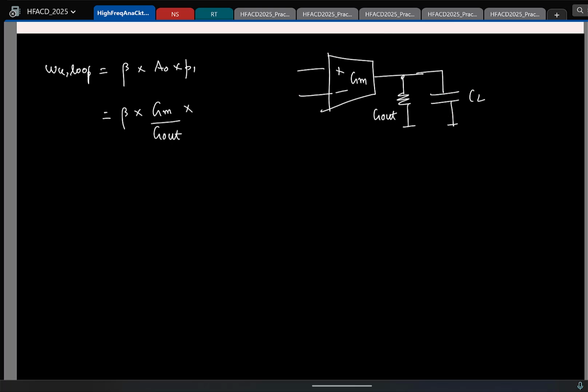And what is the pole location? G out by CL. That is the dominant pole approximation that we have done. So what is the omega u loop here? Beta times GM by CL.